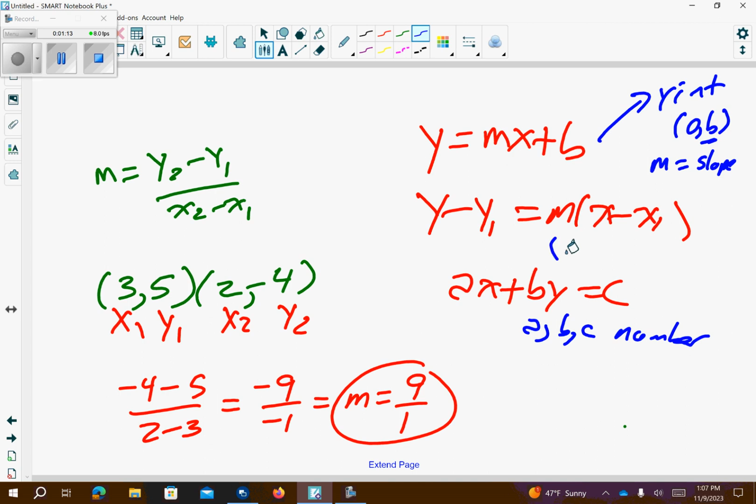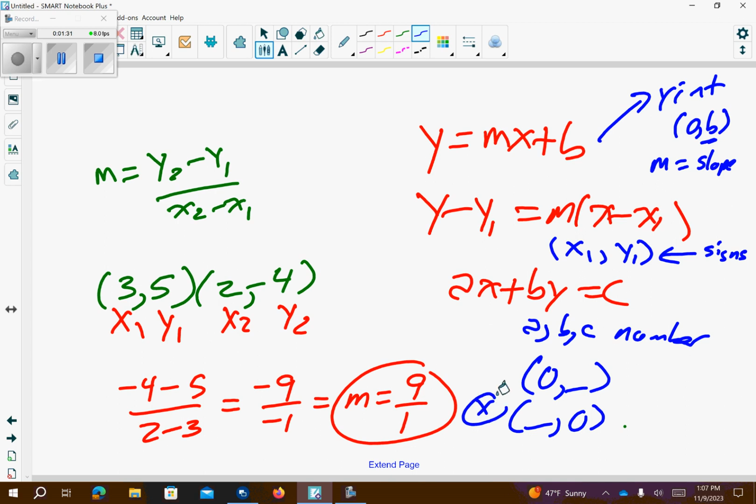This one, I would get a point being x1, comma y1, which means my signs changed when I pulled it out, so make sure you know that. And this one is the one that I'd go 0, comma blank and blank, comma 0 for the x-intercept and the y-intercept, and then you'd find the slope from there.